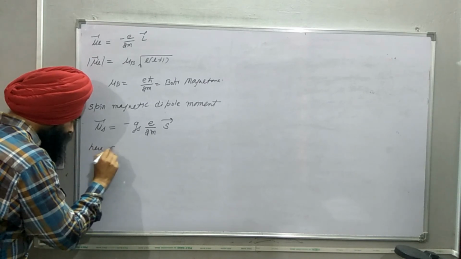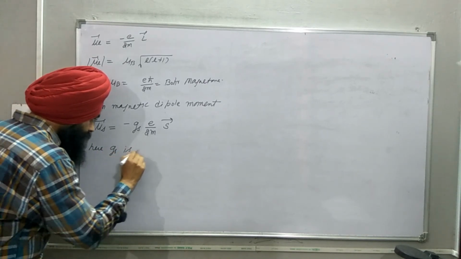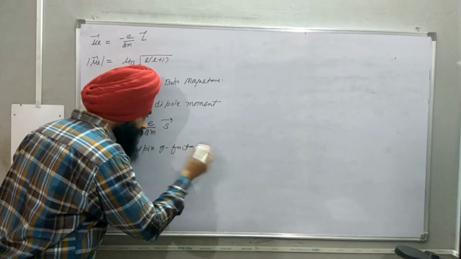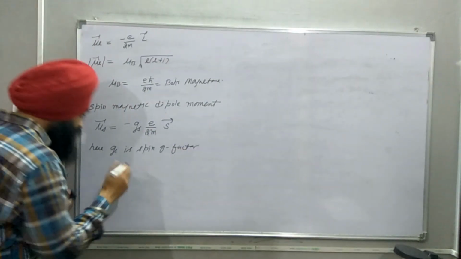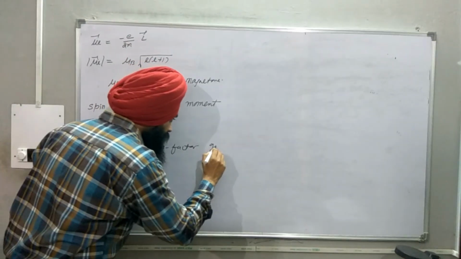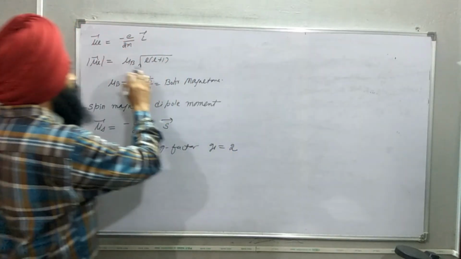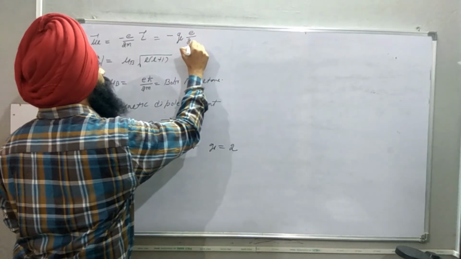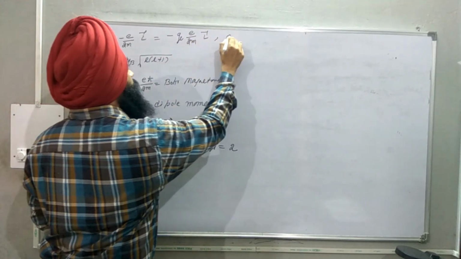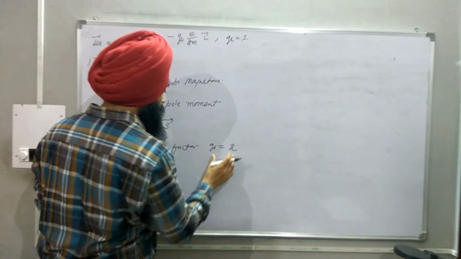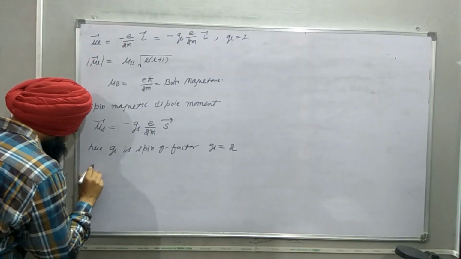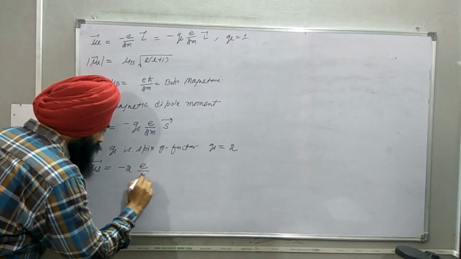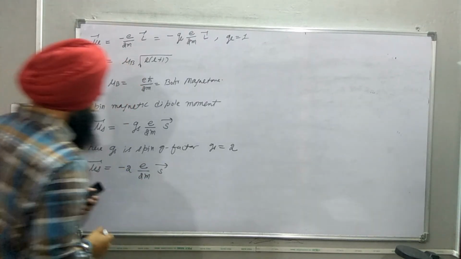Here gs is the spin g factor, which comes from the experimental values. Its value comes out to be equal to 2. Here also we have minus gL e upon 2m into L. The value of gL is 1, but the value of gs is 2. So we can say that the value of mu s is equal to minus 2 e upon 2m into S.